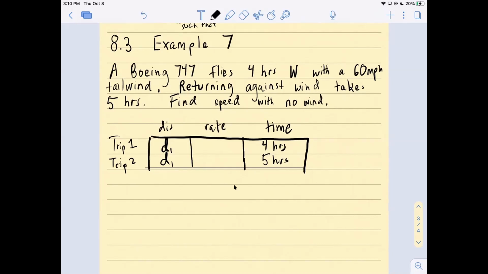All the time. Nice. So if you think about that scenario, that's exactly what's happening here. What they're telling you is that the 60 miles per hour is the current, or rate, of the wind. Without any plane, the wind is just blowing at 60 miles per hour. If you're going in the same direction, it's adding 60 miles per hour to your speed, and if you're going in the opposite direction, it's taking that speed away from you.